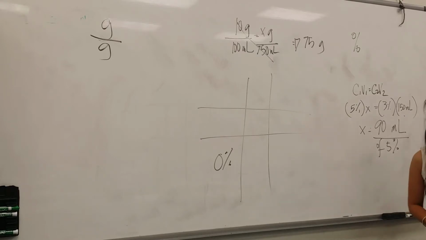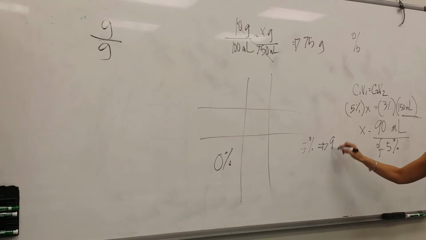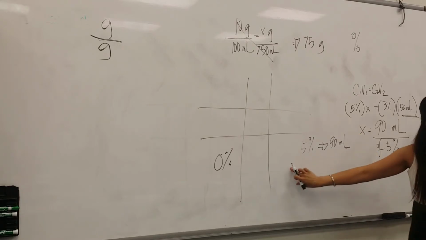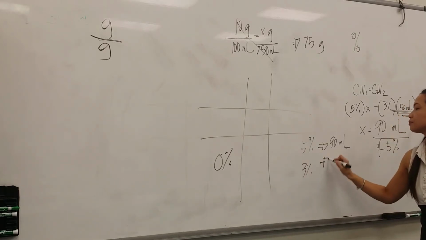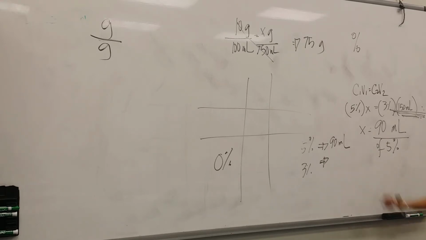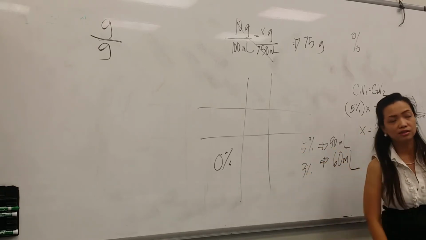How do I do this shortcut? You have a total of 150 ml. Since I've already gotten that I have to use 90 ml of the 5%, and I have a given total volume of solution at the end, what do I do as a shortcut? 150 minus 90 would be 60 ml. So I need 90 ml of the 5% solution and 60 ml of water.